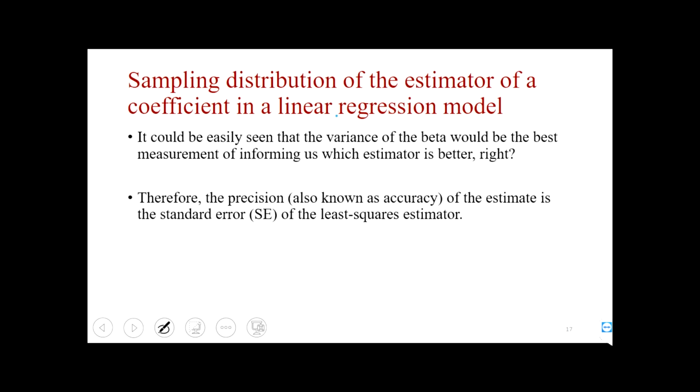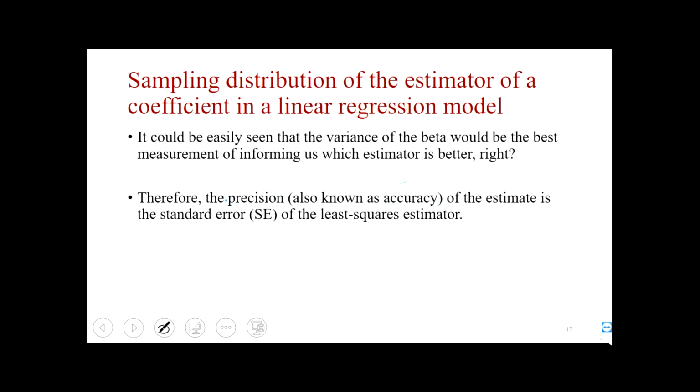And therefore the precision, which is also known as accuracy, is a very important word, which until recently I knew as precision or efficiency, but it can also be used as accuracy. The precision of the estimates is the standard error of the least square estimator. So basically the precision or the accuracy is the estimate of the standard error.